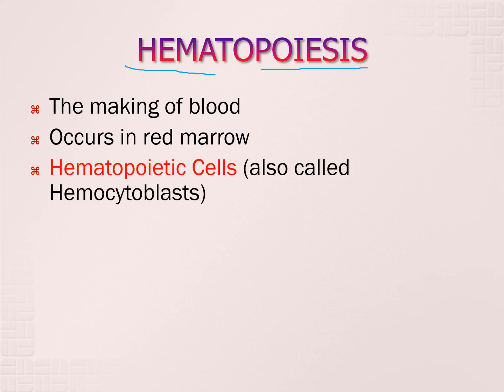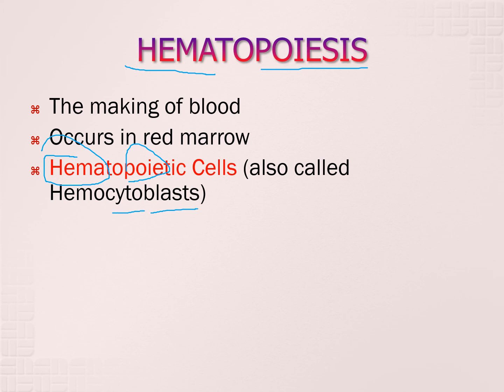They're also called hemocytoblasts. Remember again, anytime you see hema, hema means that it's blood, okay? And poiet means to create. So hematopoietic cells, these are cells that create blood. At the same time, you have hemocytoblasts. Anytime you see the root word blast, it's going to make something.